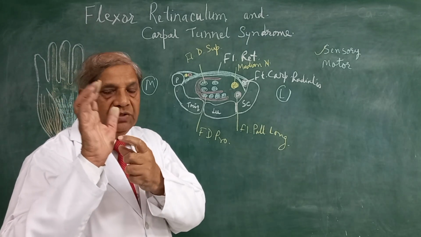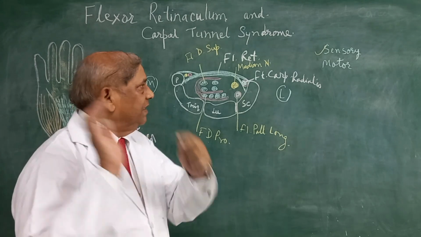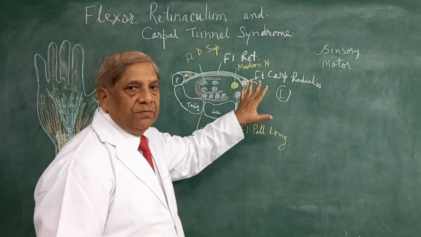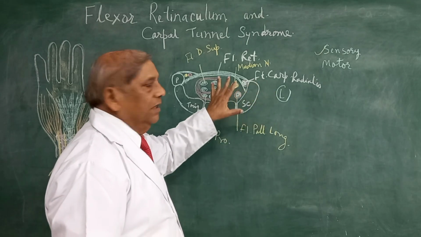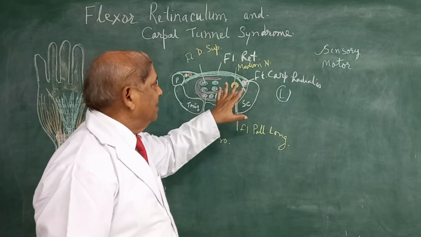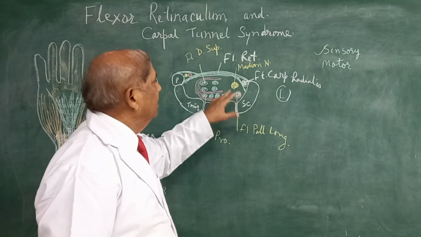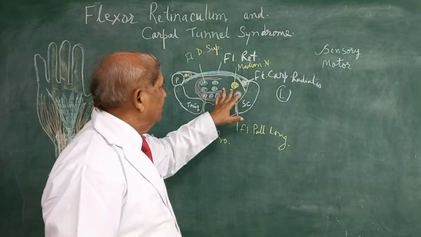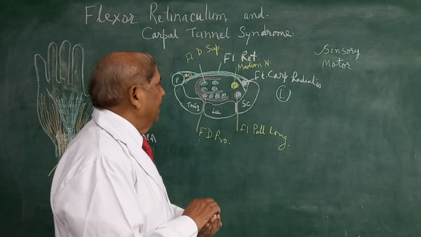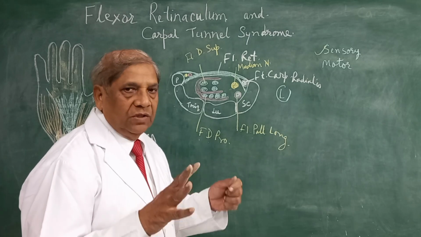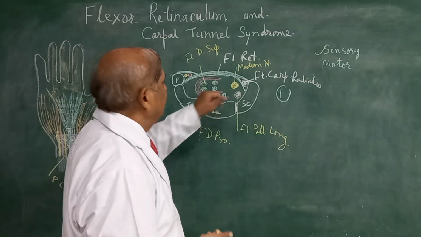There will be a motor problem as well as a sensory problem. When the patient comes with this complaint, immediately you can diagnose that there is some compression within the carpal tunnel, due to compression of the median nerve, and that's why this is called carpal tunnel syndrome. So the nerve affected is the median nerve.